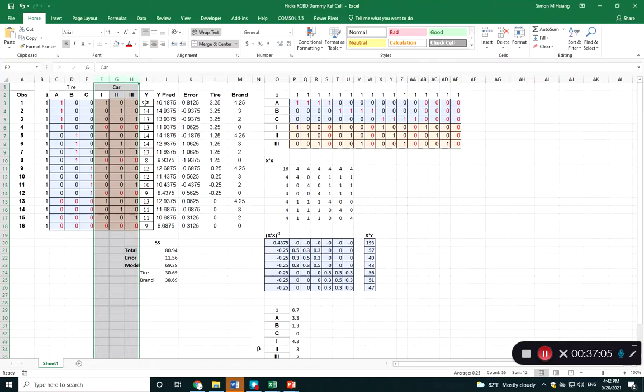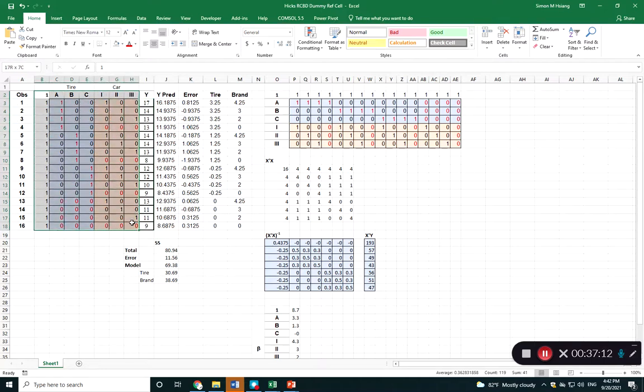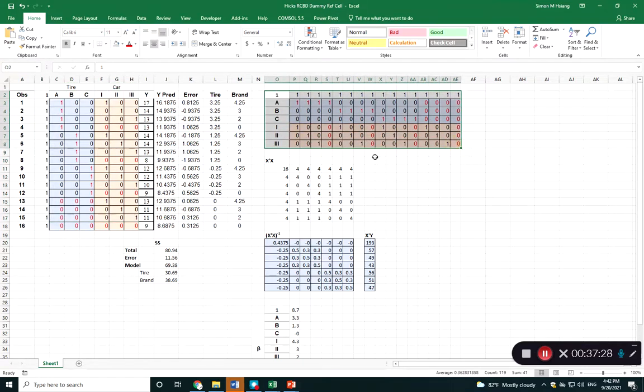And then now I rewrite the 16 observations as is. So totally, how many columns do I have? 7 plus y. And then, of course, what you do is what? You copy this, paste, transpose. So far, so good? And then once you have the x transpose x, can you times x transpose x? Right?